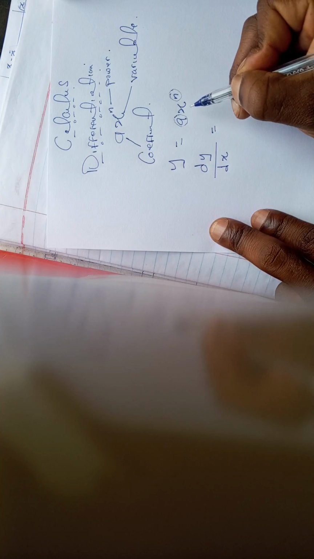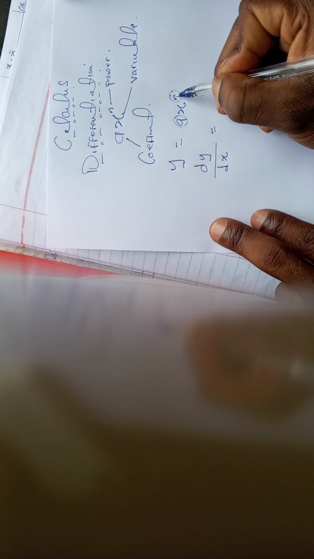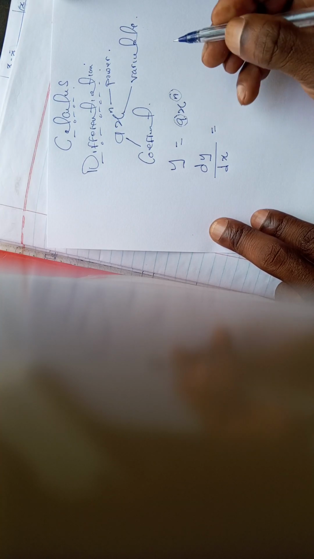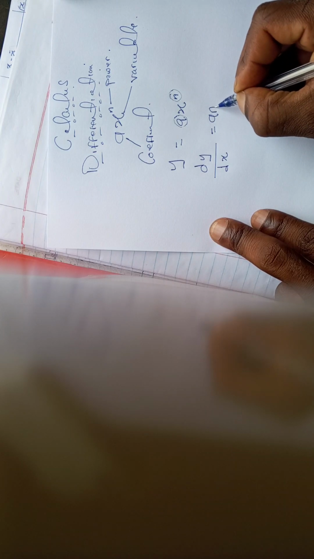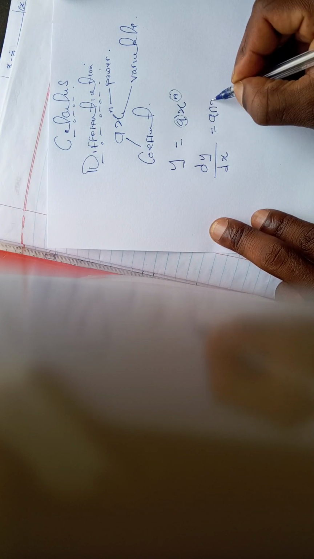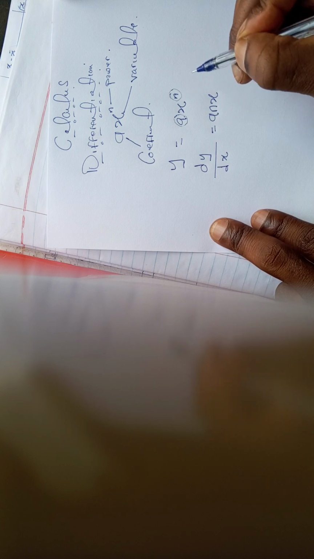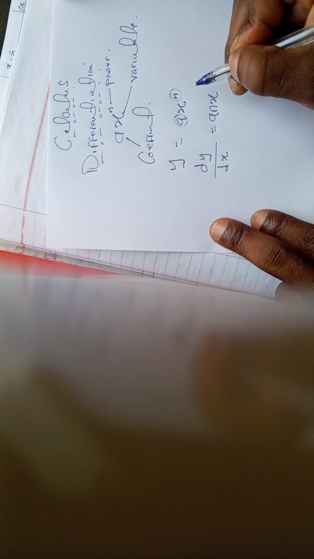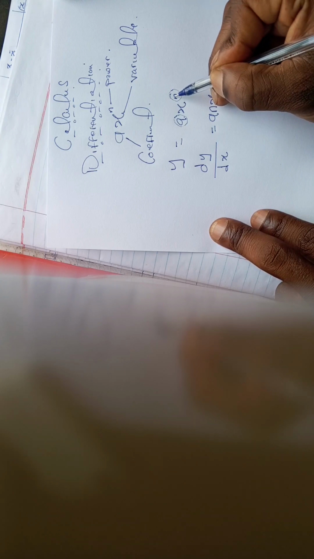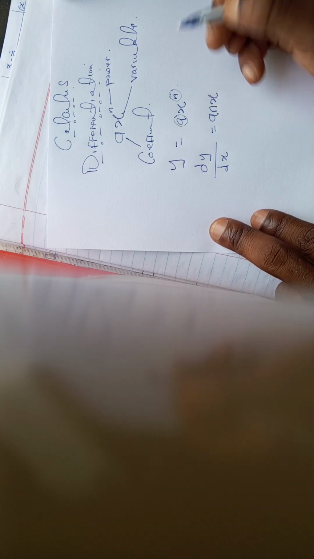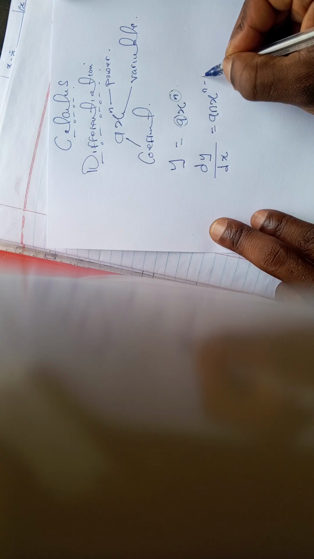So we say a times n, which is an. Then x, you bring it the way it is. Then when you are differentiating, we reduce the power by 1, so n becomes n minus 1.